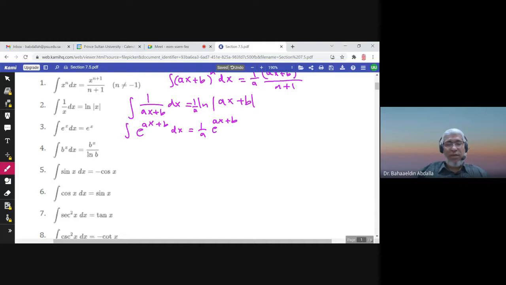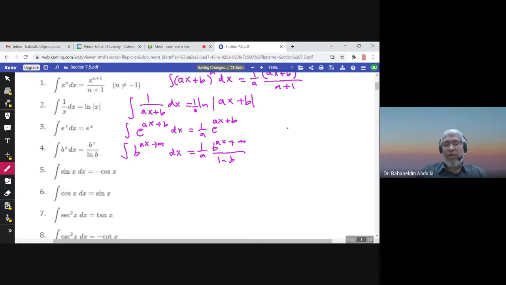Here, for example, integral b to the power x is b to the power x over ln b, or integral b to the power ax plus, let me choose different number here, d, because I have b already, dx. So the answer would be b to the power ax plus, also let me change d because I have dx. Let me write it m, okay, plus m times 1 over a over ln b.